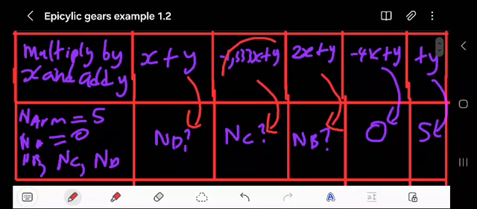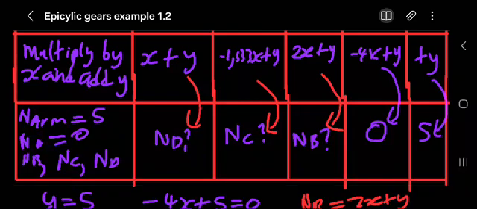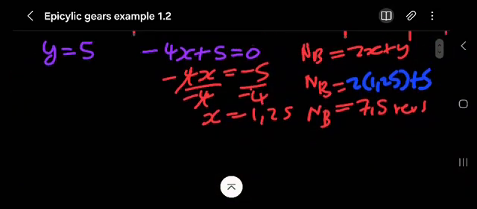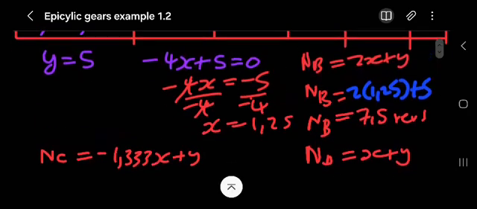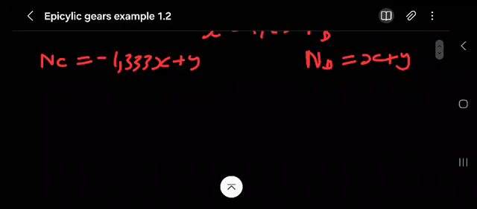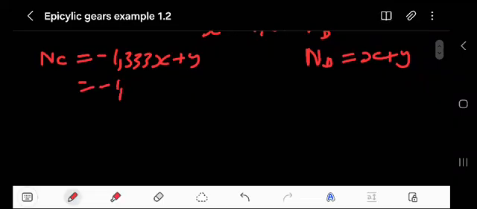We equate this again and also try those. NC would be equal to minus 1.333x plus y. Also ND must be equal to x plus y. Minus 1.333x, where x was 1.25 and y is 5.